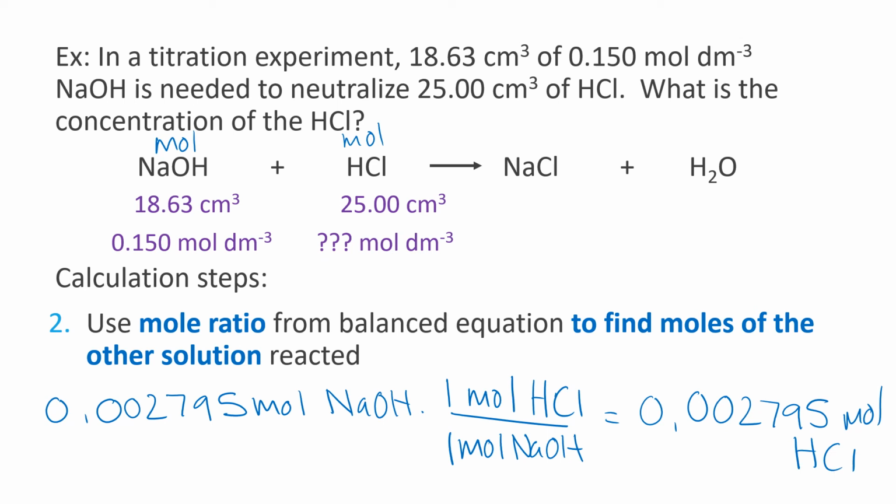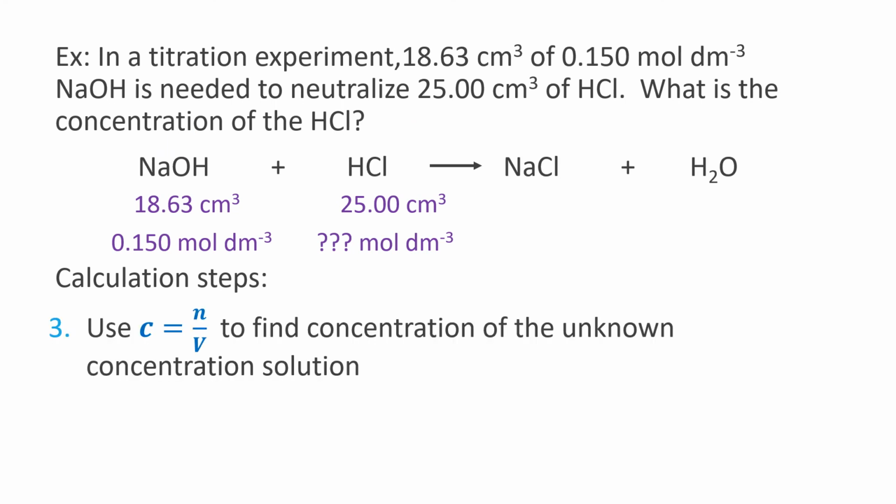All right, so now I have a number of moles of HCl and I have a volume of HCl. I have the information it takes to find the concentration of that HCl. So that's step 3. Again, use C equals n over V to find the concentration of the unknown concentration solution. It's a lot of concentrations in there, isn't it? So we do C equals n over V. Our moles of HCl we just calculated as 0.002795 moles.